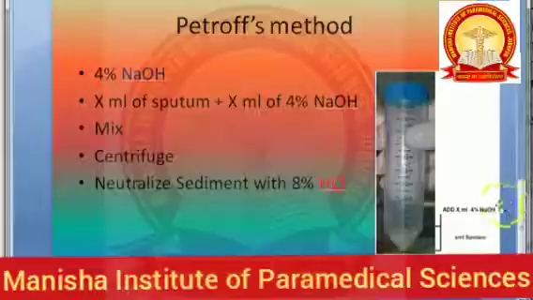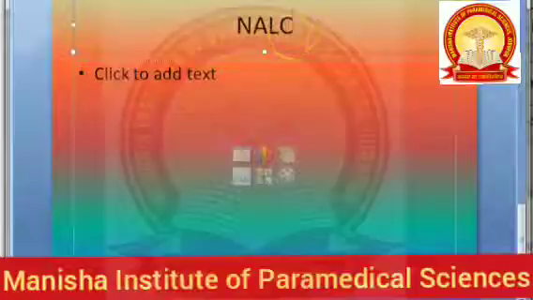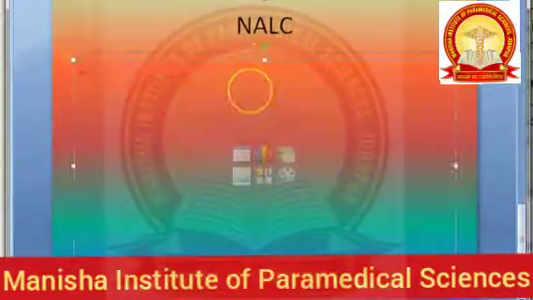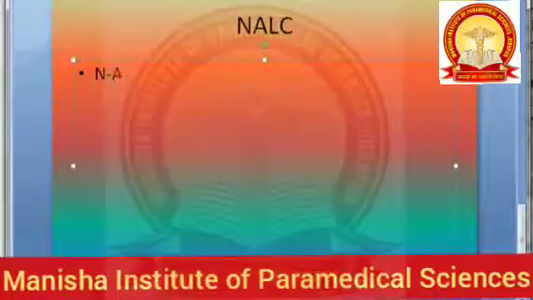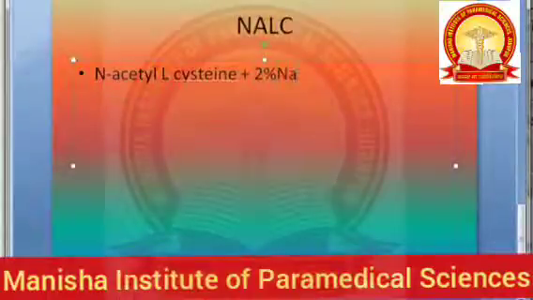Shall we move on to the next method? The next method is the NALC method. It's an option, you can either do Petrov or NALC. NALC is N-acetyl L-cysteine plus 2% NaOH.